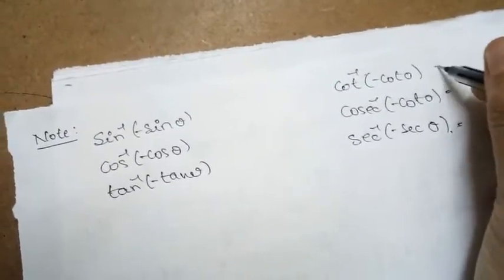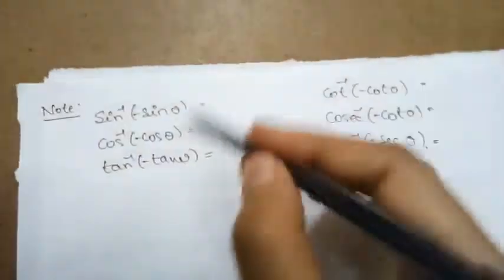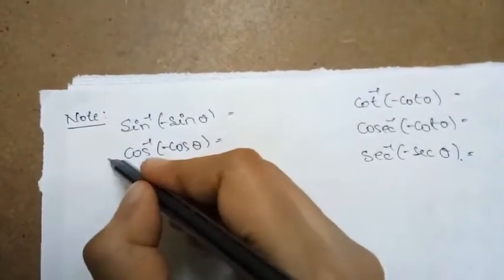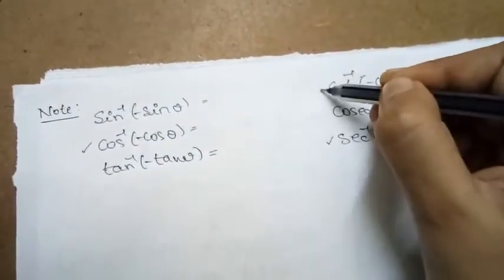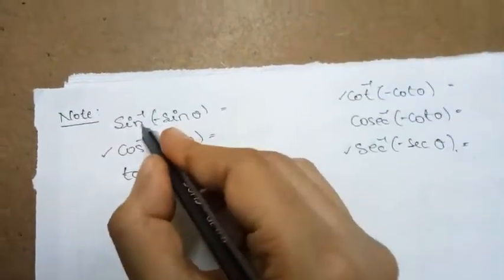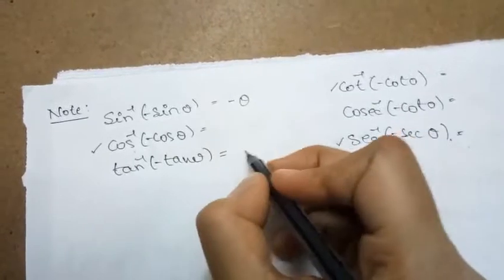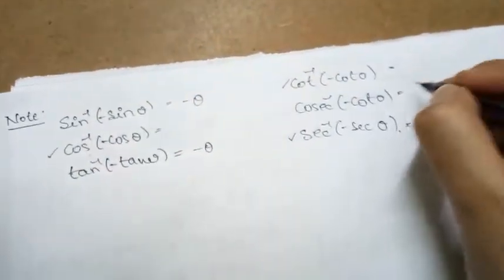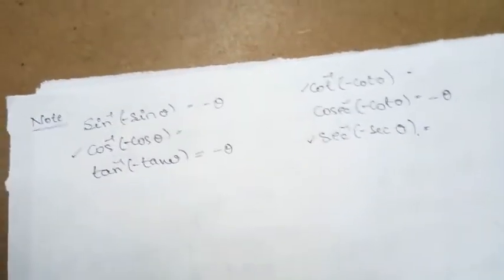So what are the answers when it comes in this format? Out of the 6, except cos, secant and cot, sin inverse of minus sin theta is equal to minus theta, tan inverse of minus tan theta is equal to minus theta, and cosecant inverse of minus cosecant theta is equal to minus theta.